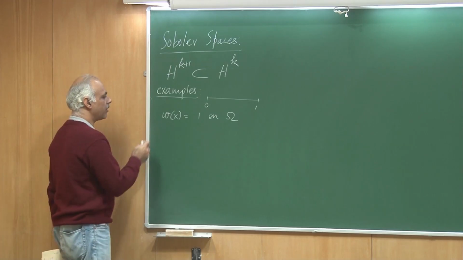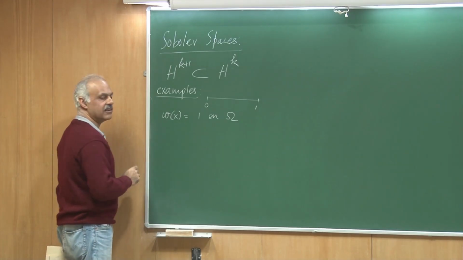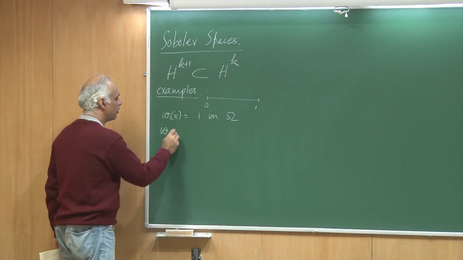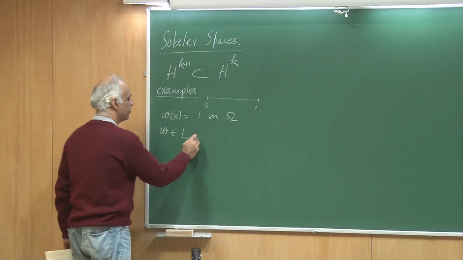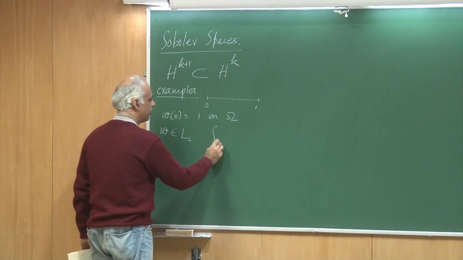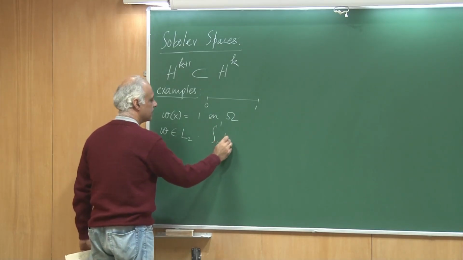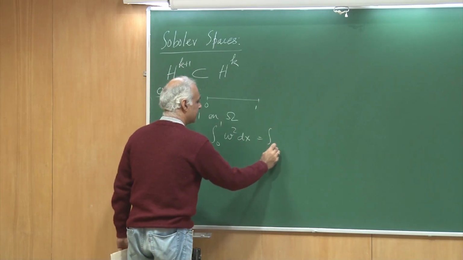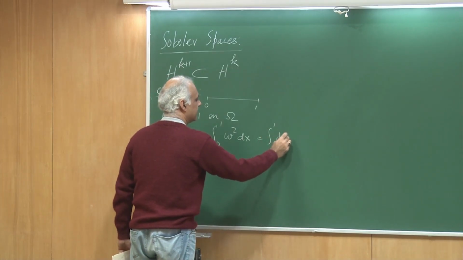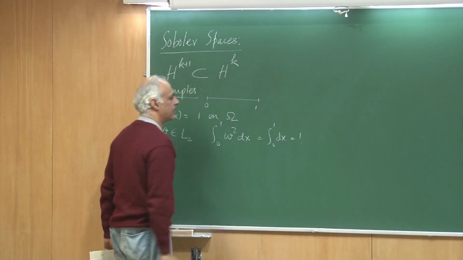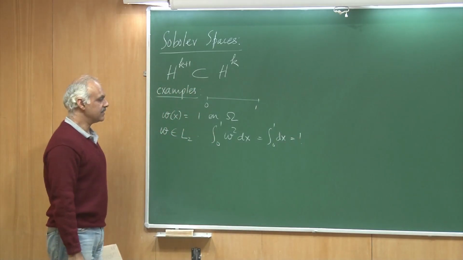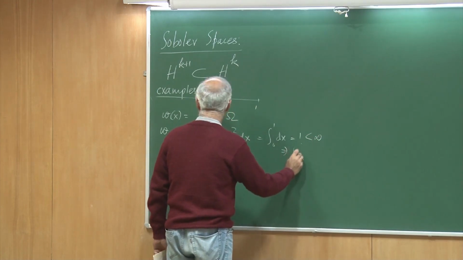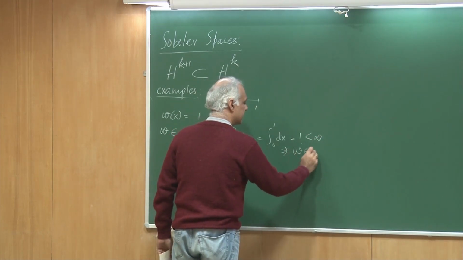Is the function itself square integrable? You can very well see that w is definitely L2, because the integral from 0 to 1 of w squared dx is simply the integral from 0 to 1 of dx, and that is 1. So that exists. It is certainly less than infinity, which implies w is L2.